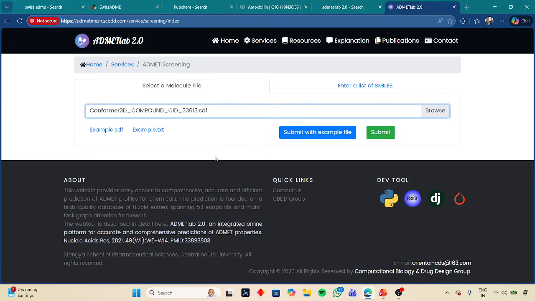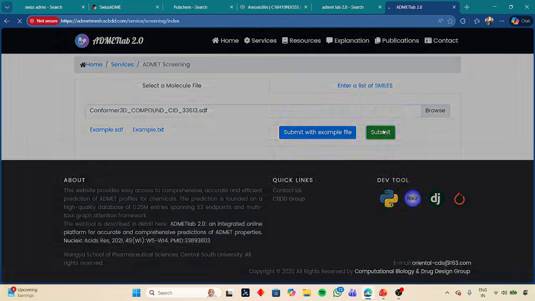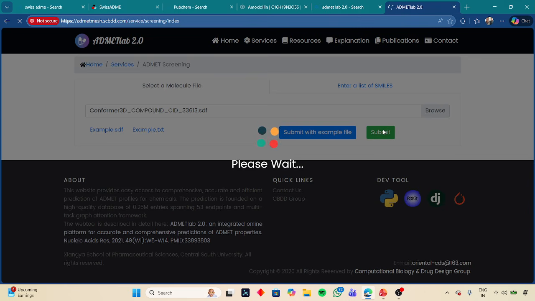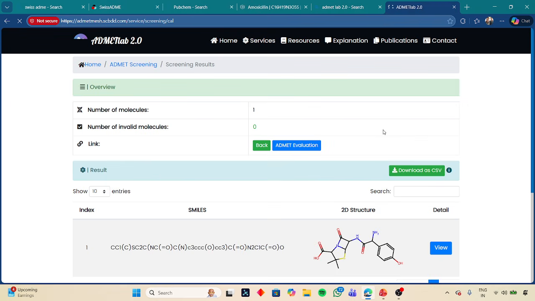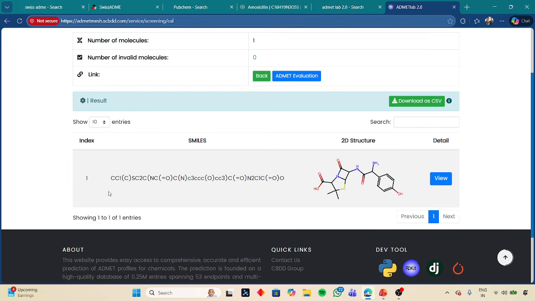Click on open and submit. It will take some time and it will give you the proper results. Now you can see we have given number of molecule 1, and this is the SMILES of the drug molecule, and this is the 2D representation.